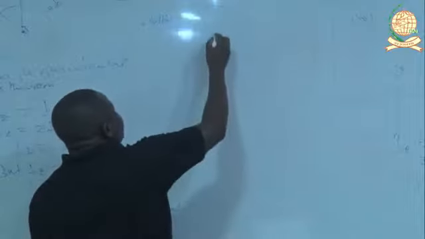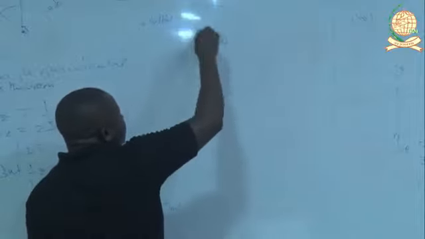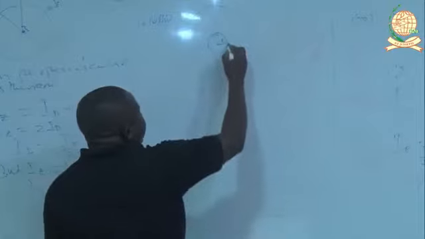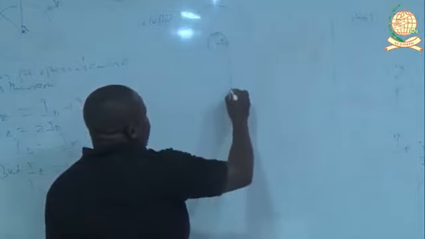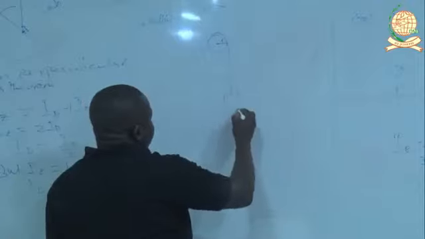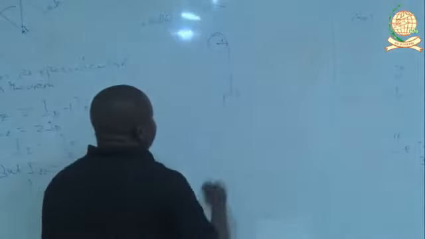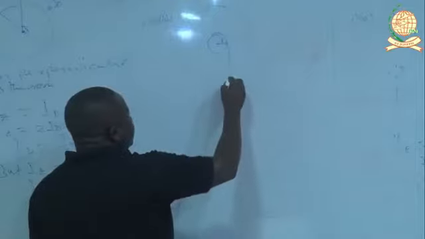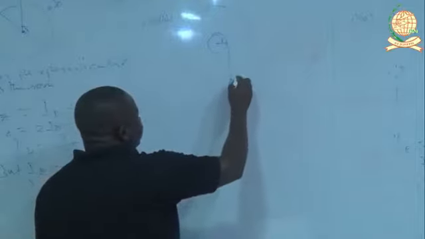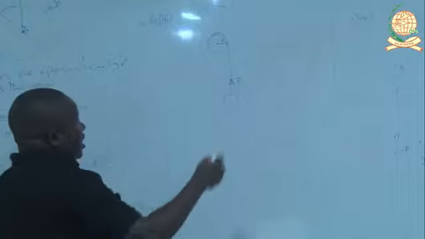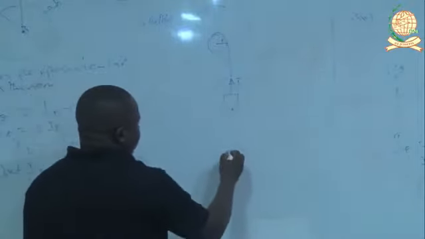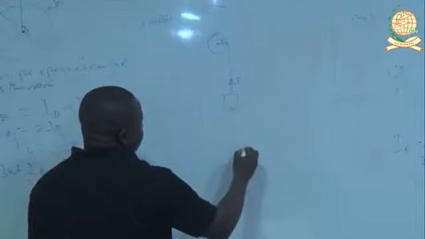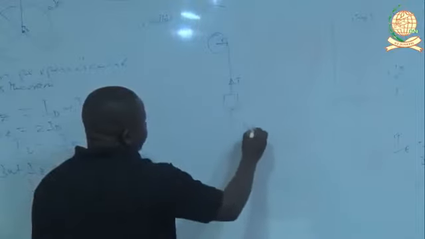There is a string wound around this axle and then attached to the what? To the mass. That means due to the tension of the mass on the string, it unwinds and the mass accelerates downward through a distance of 5 meters.